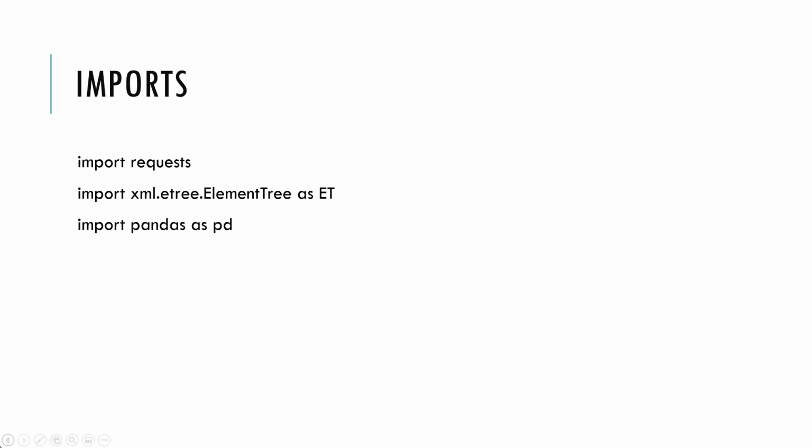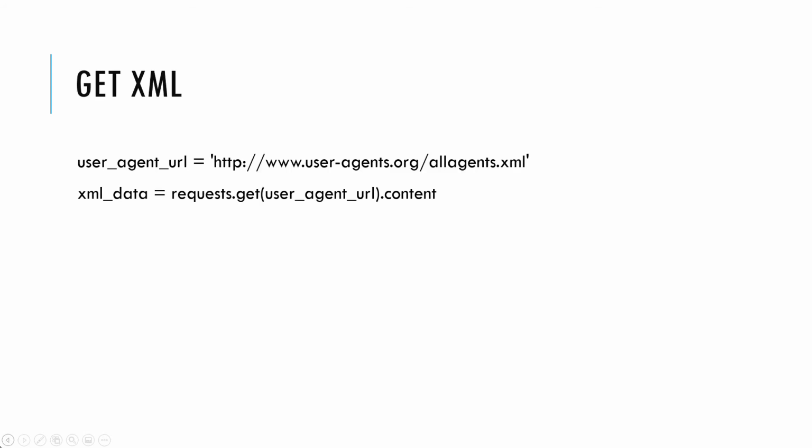Then we are using ElementTree to traverse the XML data we retrieved from the web. Then we will be using the pandas library to analyze the data. So this will be our first step, the imports.